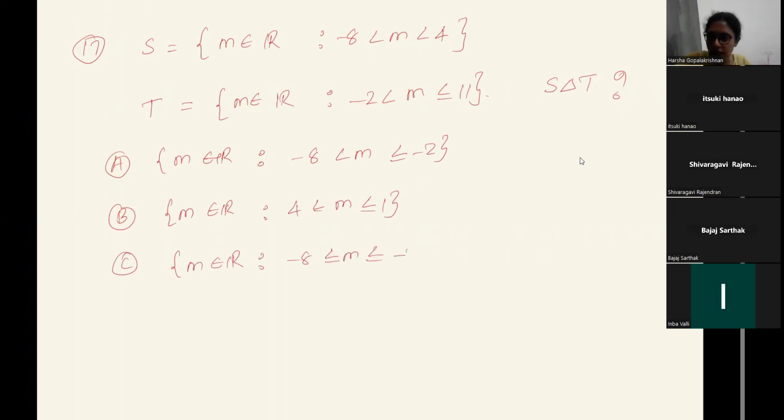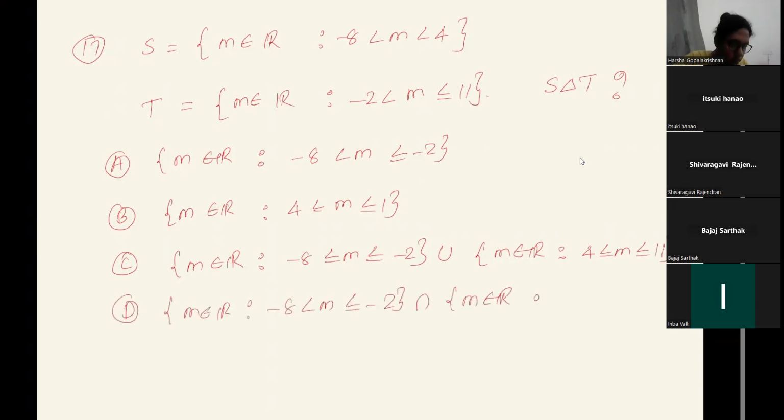Please mute yourself. And the fourth option is the set of all M in R such that -8 < M ≤ -2, intersection the set of all M in R such that 4 ≤ M ≤ 11.